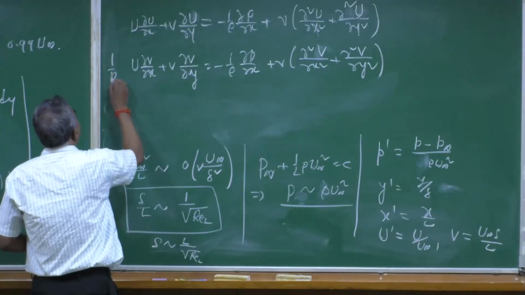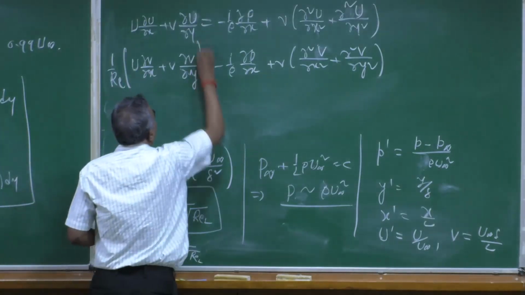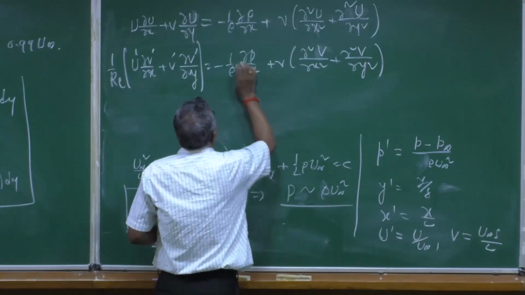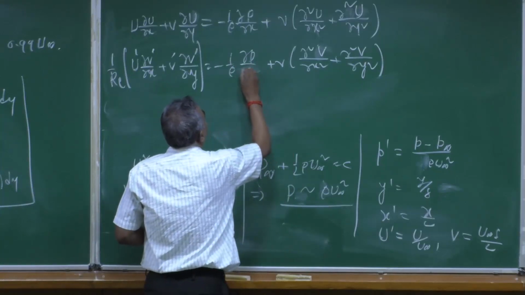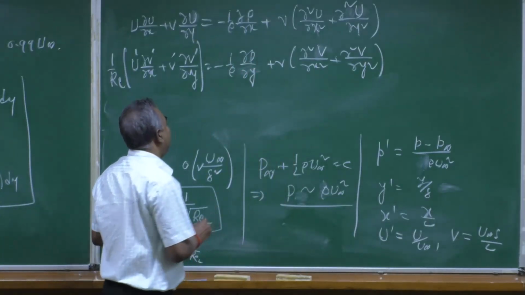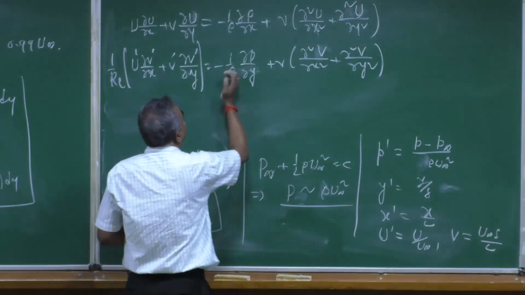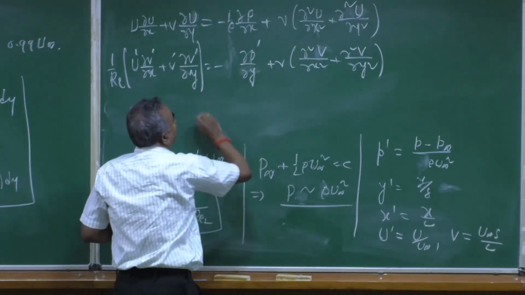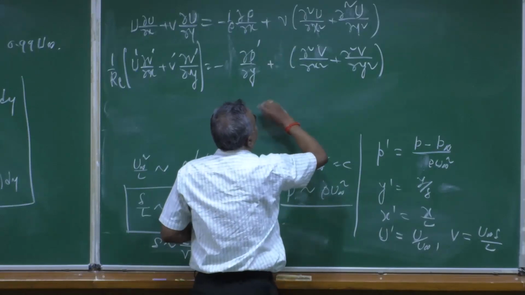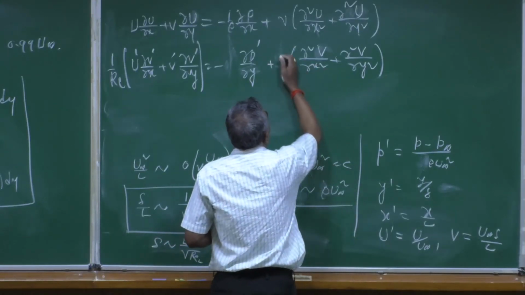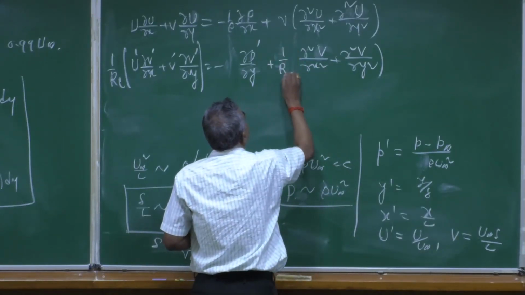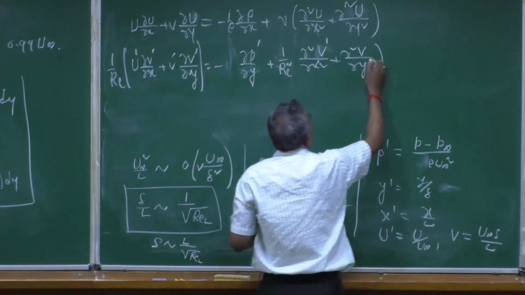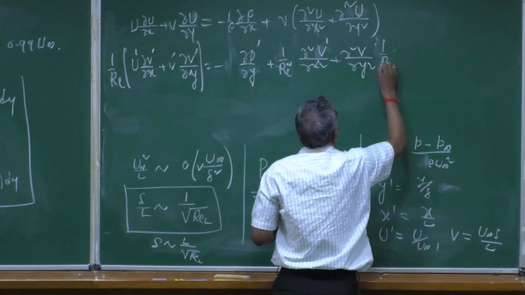Then we will be able to write this equation with primes, and this is going to be del p del y. I am sorry. Then this quantity is essentially prime, and this quantity is going to be 1 by Re square, and this is prime, and this quantity 1 by Re.